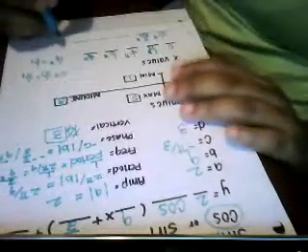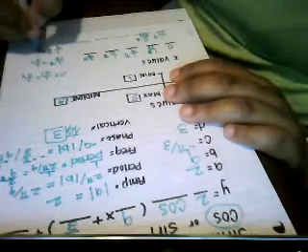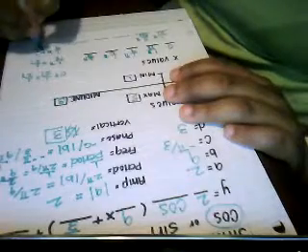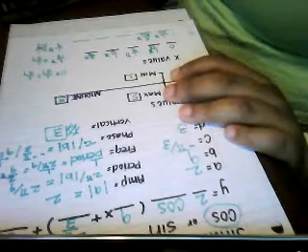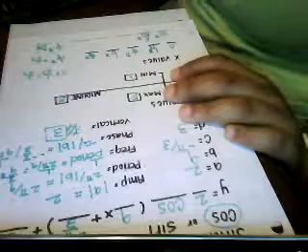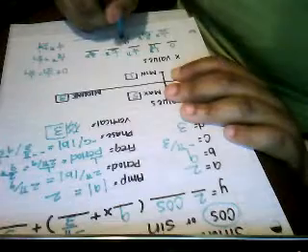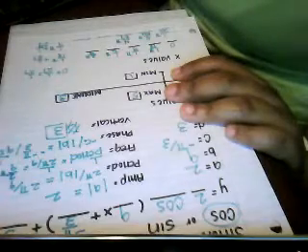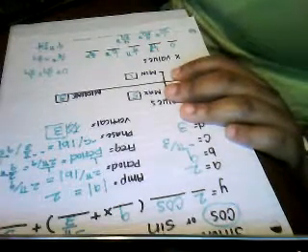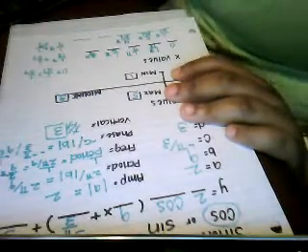Then you do the next one. 1 over 9 plus the phase change, 1 over 27. So you do 1 over 9 plus 1 over 27, which is 4 over 27 pi. Then you do 1 over 6 plus 1 over 27, which is 11 over 54.